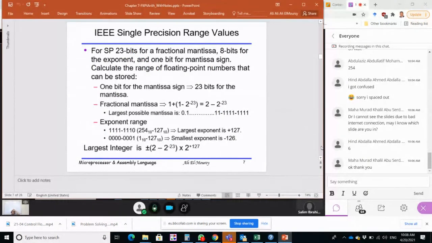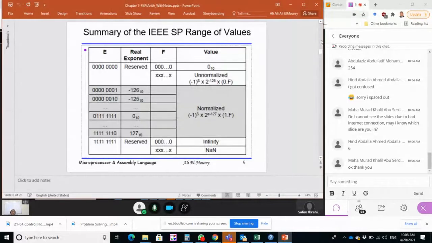Now, for the single precision, what is the smallest? What is the largest number ever I can represent in floating point? I have to have the maximum exponent and the maximum Mantissa.